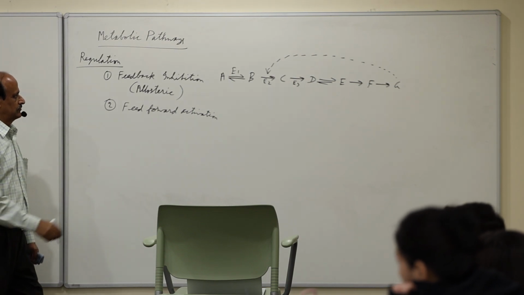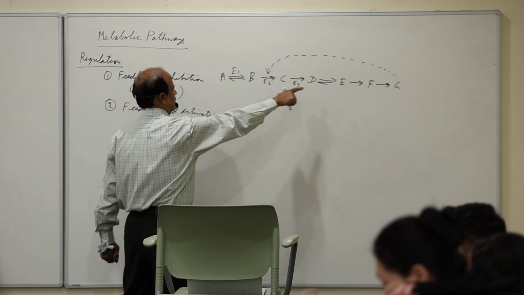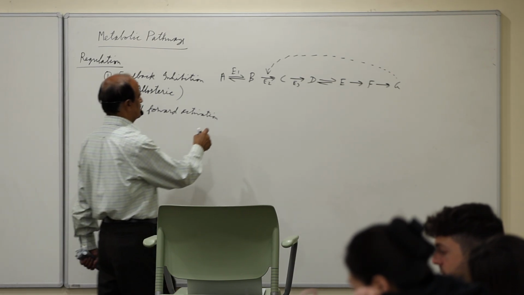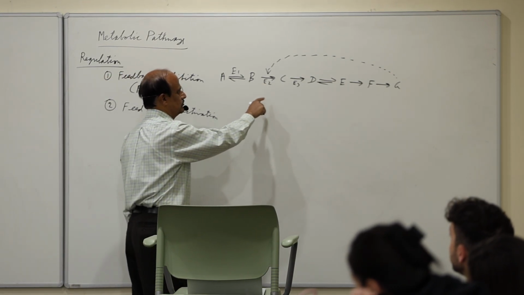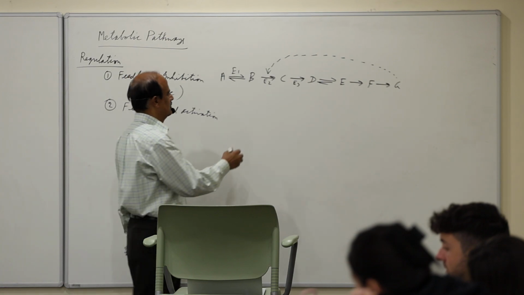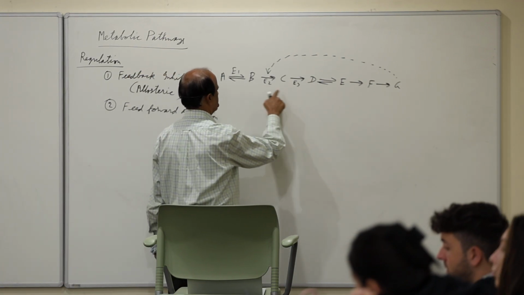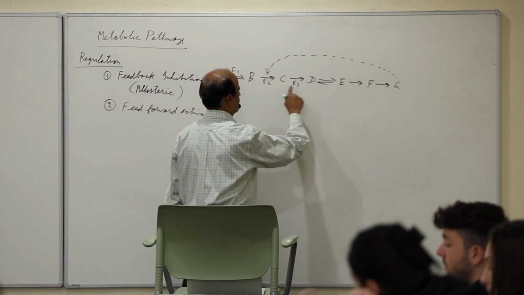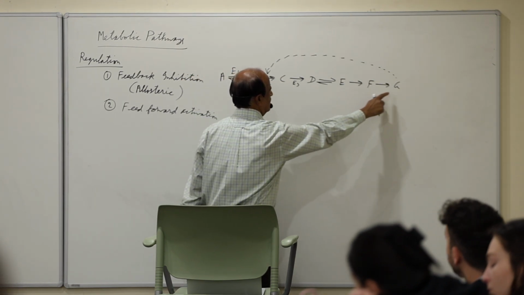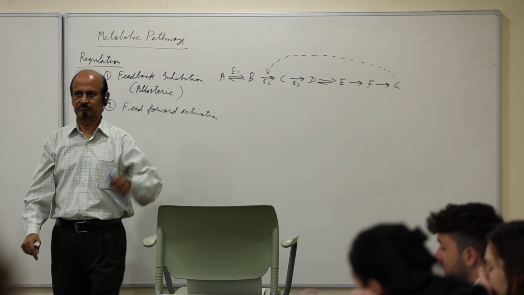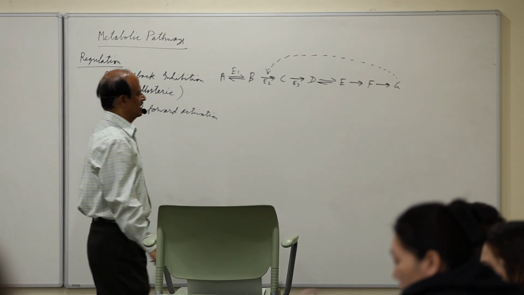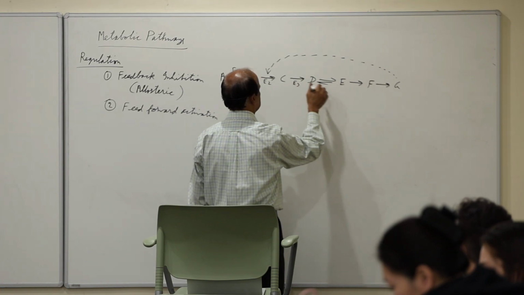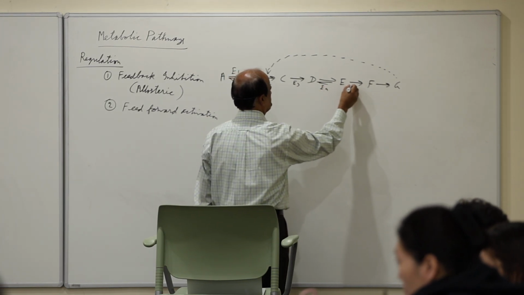So when a pathway has been turned on, so let's say this pathway has been turned on by activating E2 by an activator. So some activator turns on the pathway, but then the cell has to be ready for the influx of C, D, E, F, and G. So it is getting ready for that. So there may be an enzyme that is activated. So normally, let's say this one, E3, this is E4, this is E5.